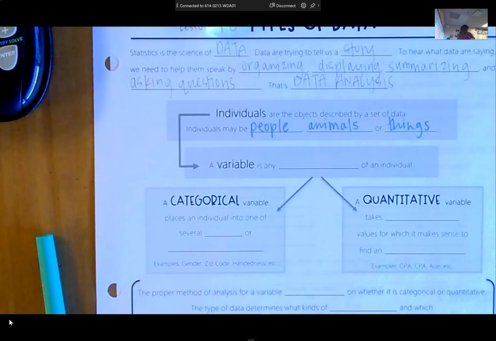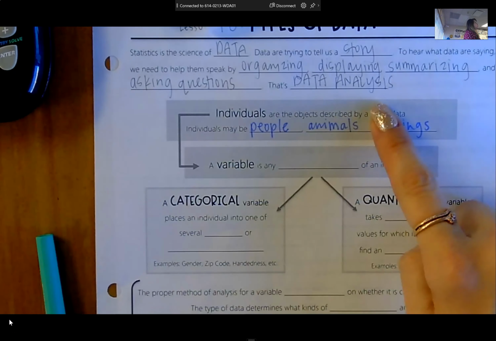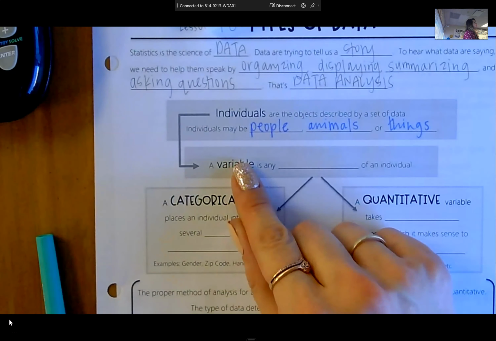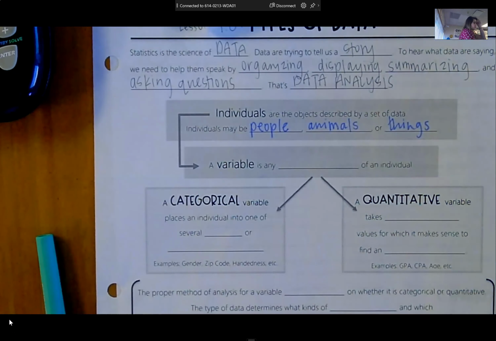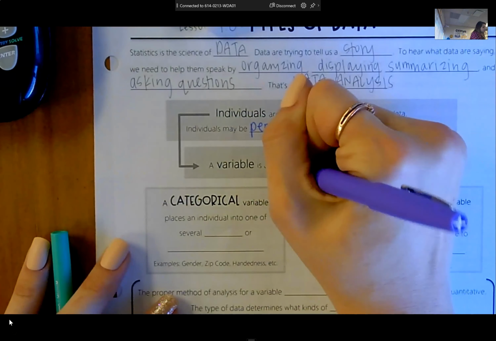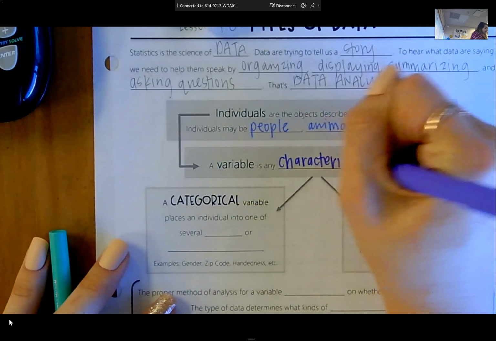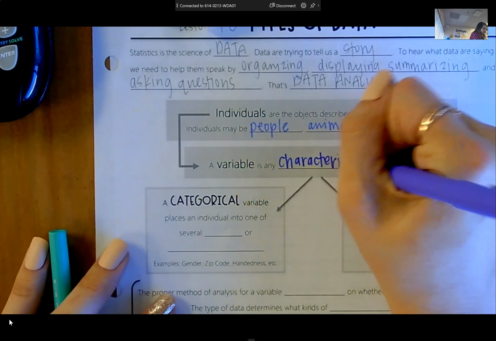What is a noun? Person, place, thing. So essentially individuals are nouns. They can be people, places, things, animals, and so on. A variable is anything that you want to know about the individuals. So the variables come from the individuals. Those are characteristics of the individual.